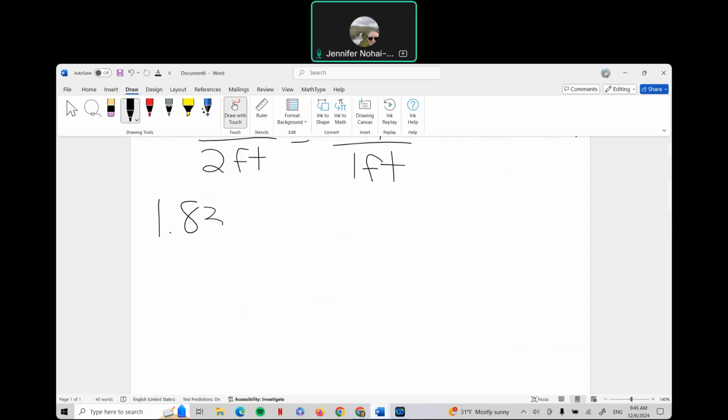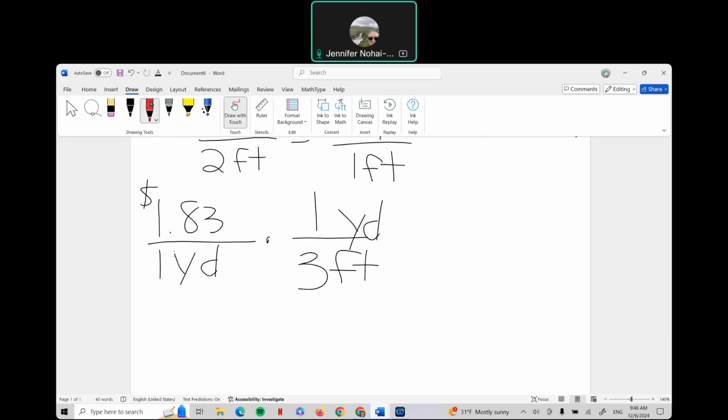So let's start with our $1.83 per yard. It's 1 yard. And since we have our yard in the denominator of the first fraction, we want our yard in the numerator of the second fraction. And so 1 yard is 3 feet.